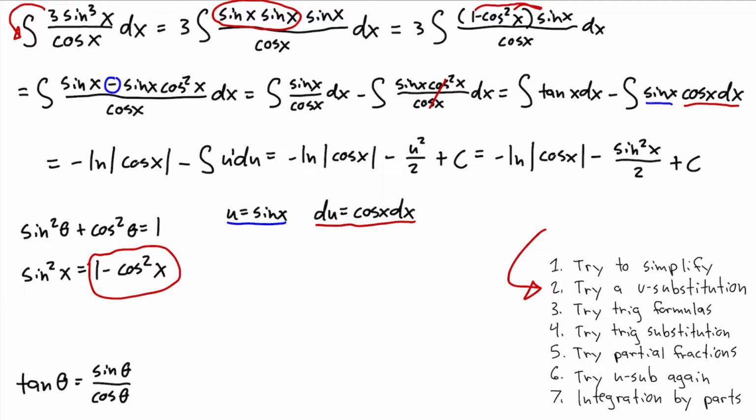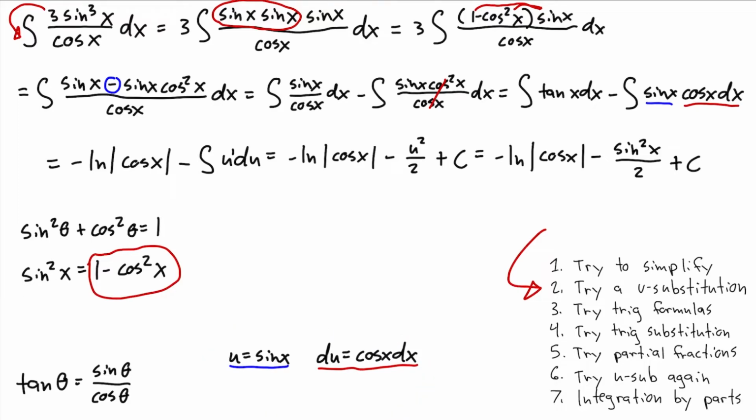But we are not done yet. Why? Because we did not remember this 3 that we factored out a long time ago. So that's also an important thing to keep in mind. Let me go ahead and make some more space, kind of move some stuff around.